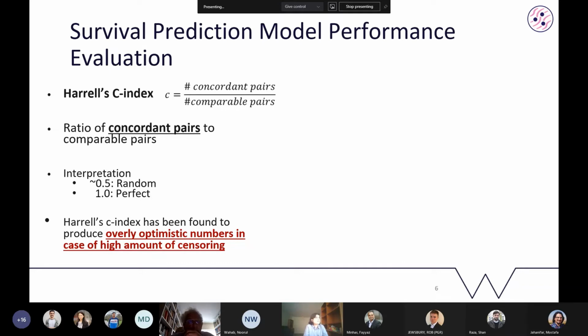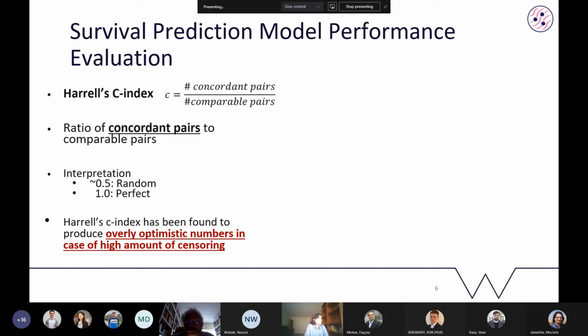As the name suggests, it measures the concordance between the values predicted by your model and the actual survivals of individuals. So it determines if the ordering of predicted survivals is the same as that of the actual survivals of individuals.